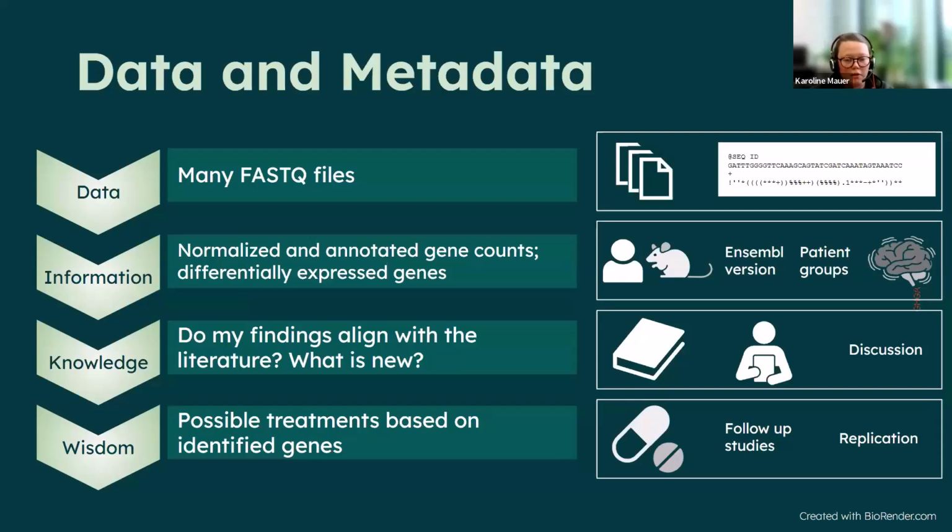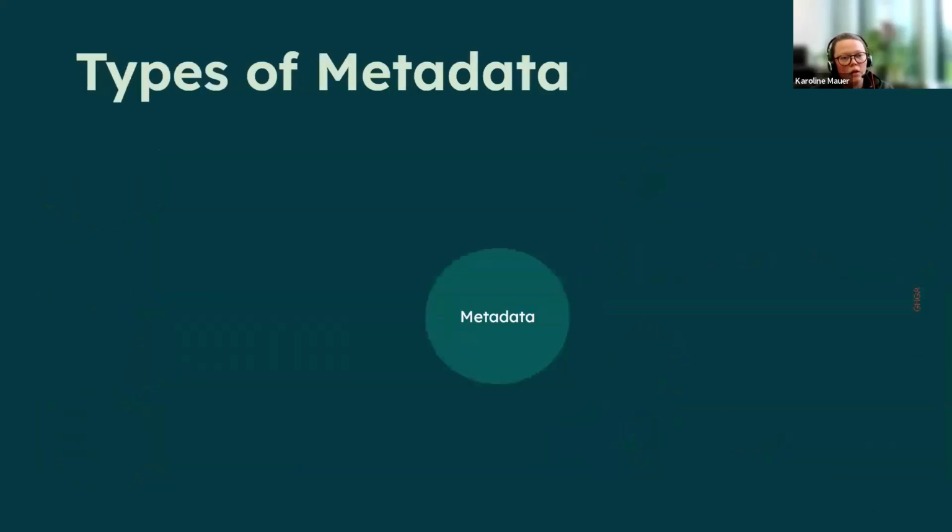You can design follow-up studies or replication studies, and maybe in the end, design a drug to treat the disease you have been studying. For this, you would ask, how does my knowledge help me in achieving my goal of treating a specific disease? As you can see from the boxes here, there are a lot of different types of metadata that you would need to get from data to wisdom.